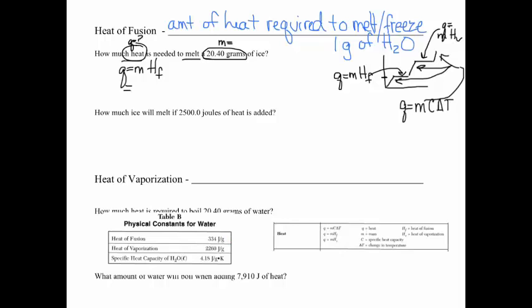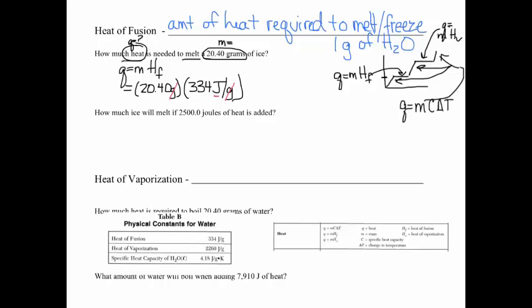So we're going to substitute in M, which is 20.40 grams. And we're going to substitute in HF, which is 334 joules per gram. Since grams here is in the numerator and here in the denominator, they cancel out. Our final units will be joules. So when we're all done here doing our math, we're going to express that in joules.